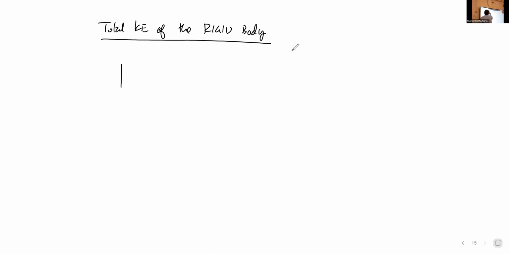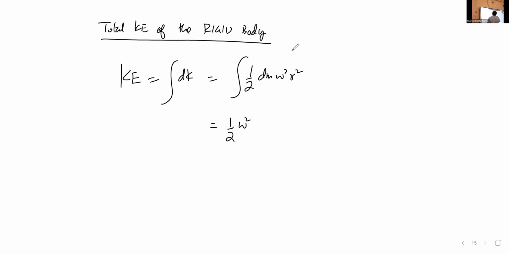In pure rotation, it will become the integration of the kinetic energy of each of these particles, integrated over the entire mass of the rigid body.